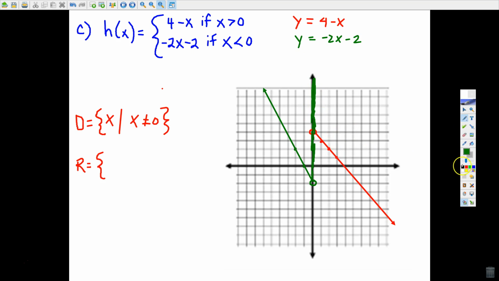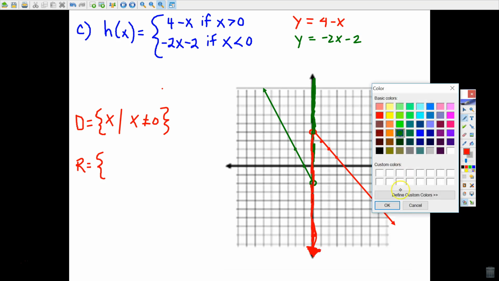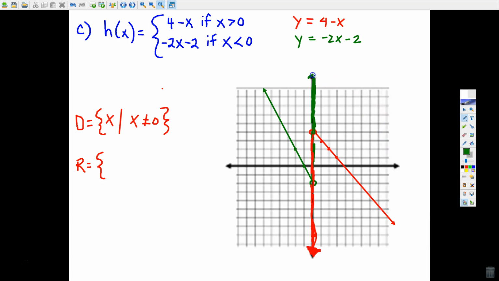With the red, you go from this point down, and you involve every single y value identified by my red line going forever and ever. Green keeps on going.